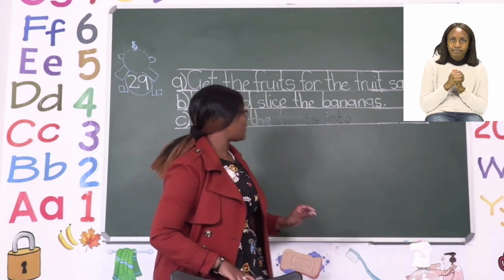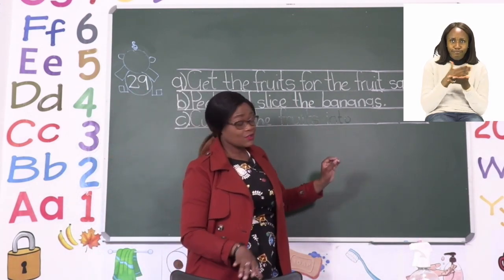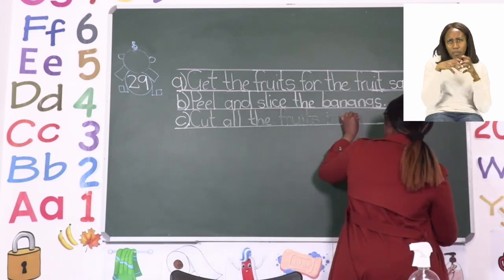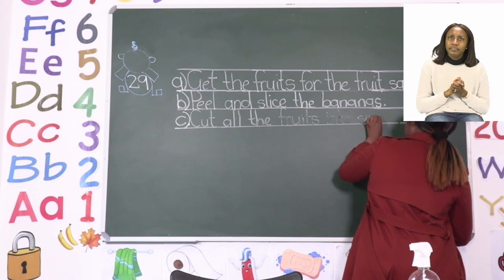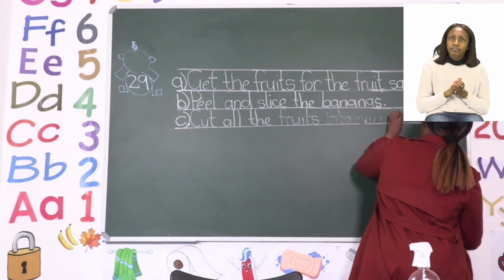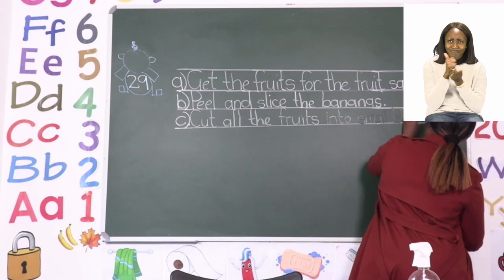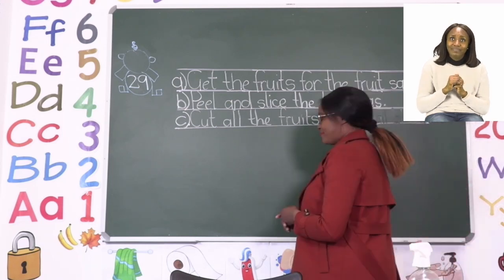Okay, so we have cut all the fruits into small blocks. So we need the word small. And then we need the word blocks. Make sure you're shaping your letters correctly. Don't forget the S for the word blocks and a full stop there.